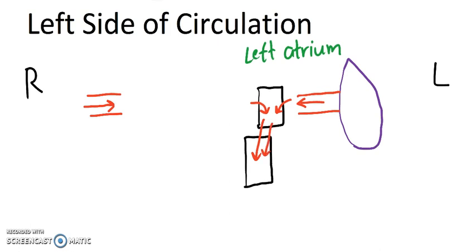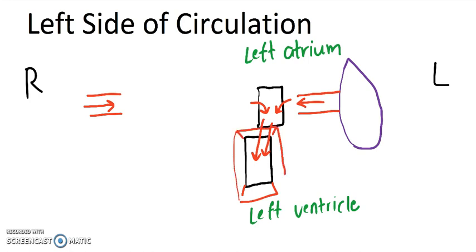Okay, so one interesting thing about this structure, this is the left ventricle. Left ventricle has an extremely thick muscular wall compared to the right ventricle. And why is this left ventricle extremely thick?